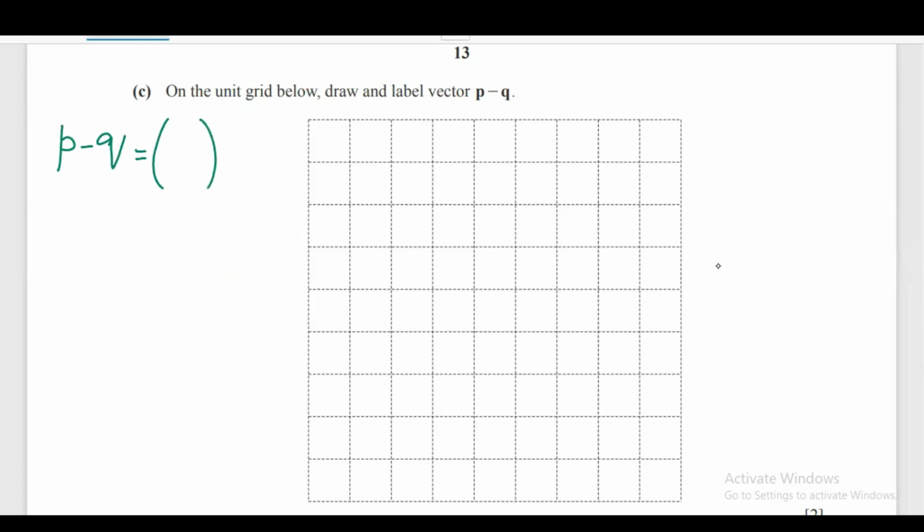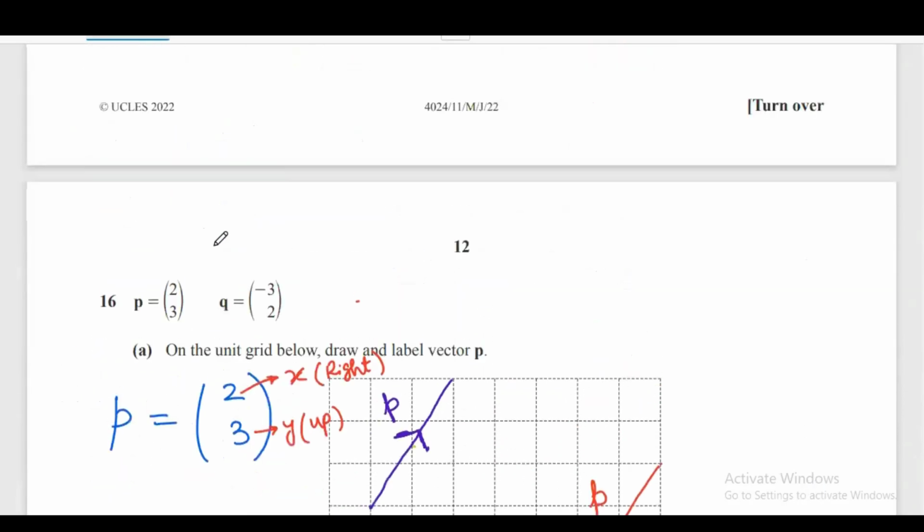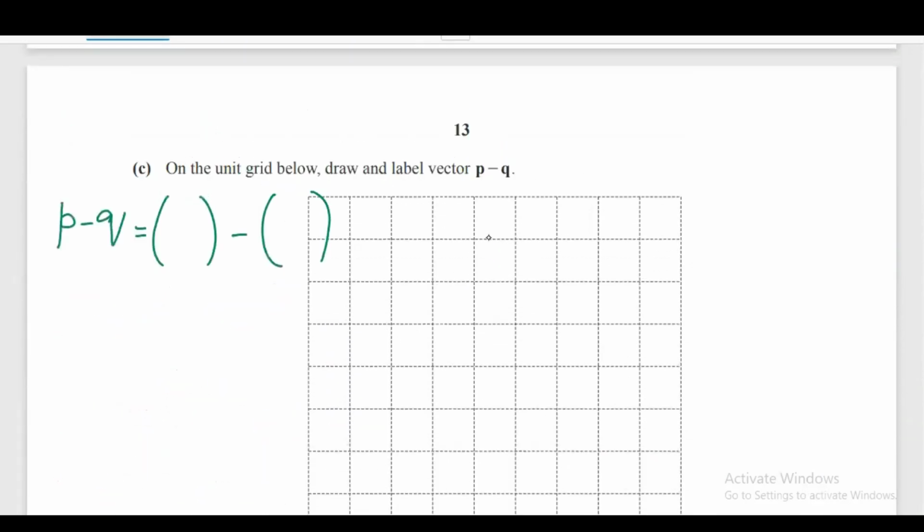Vector P and vector Q. You have to subtract Q from P. Vector P was 2, 3, and vector Q is -3, 2. It is simple subtraction of two matrices.